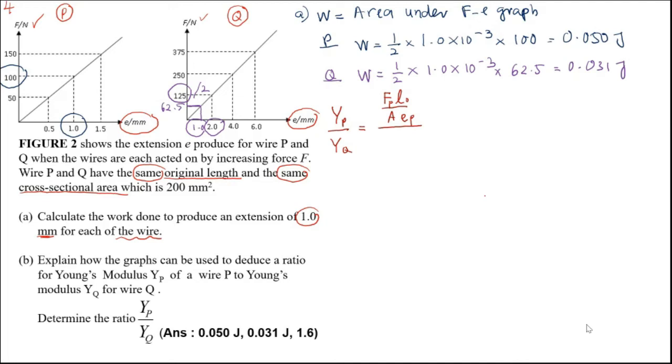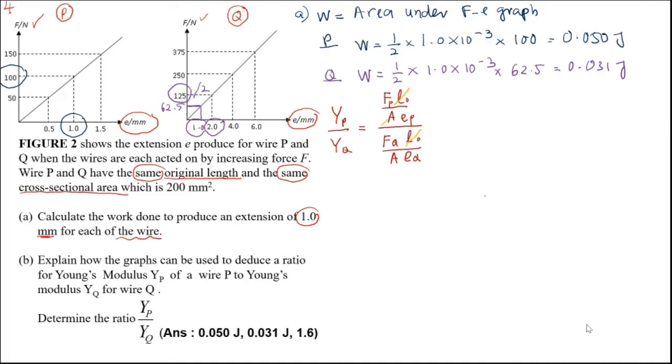Then for Young modulus Q, we have force Q, and then L naught per A, then elongation of wire Q. Because the original length is the same, we can cancel it off.